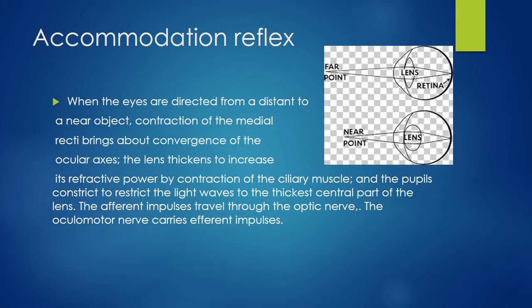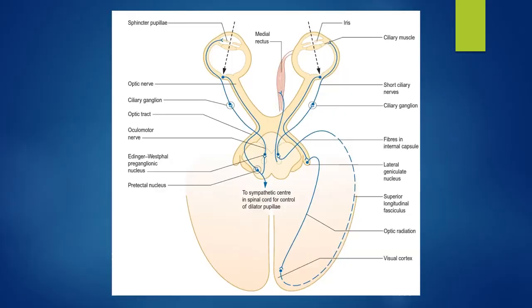Pupils constrict to restrict the light waves to the thickest central part of the lens. The afferent impulses travel through the optic nerve while the oculomotor nerve carries efferent impulses. This diagram is showing the pathways of both the reflexes, the pupillary light reflex and the accommodation reflex.